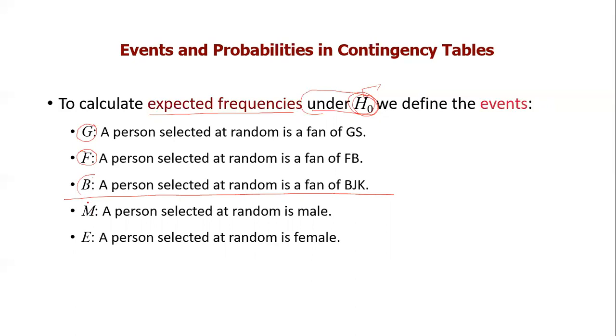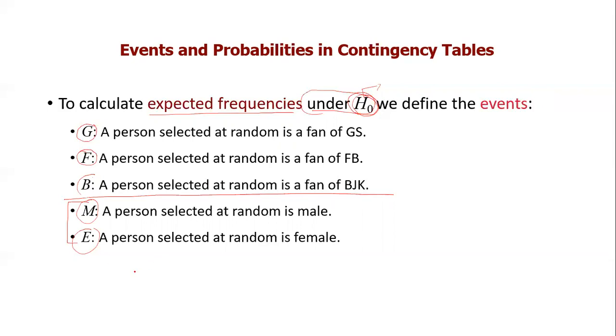Then I have two additional events. M is the event that you randomly select a person and he is a male. And E is the event that the person is a female. I will write F, but F is for Fenerbahçe here.